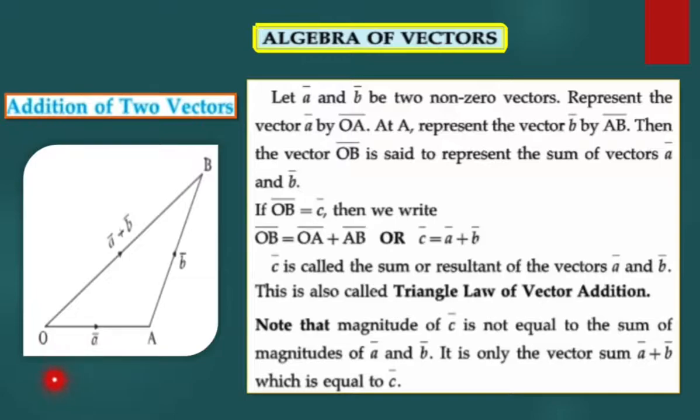Suppose we start from O, we first come to A, then from A we come to B. This length is not the same as the length of this OB. So from the diagram you can observe this. While calculating the magnitude, we have to remember this note.